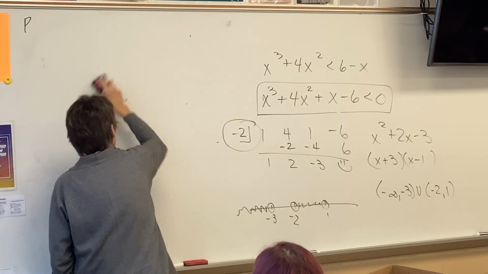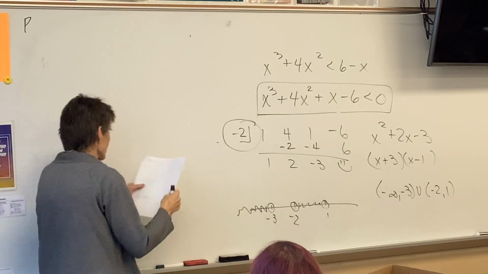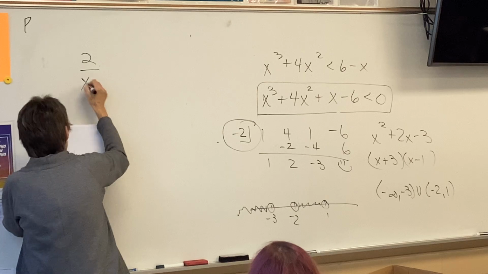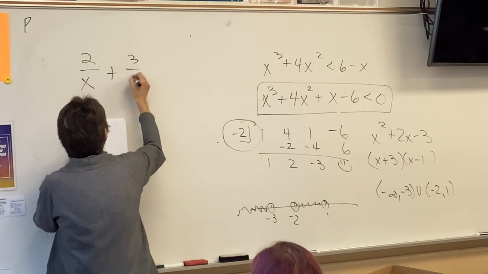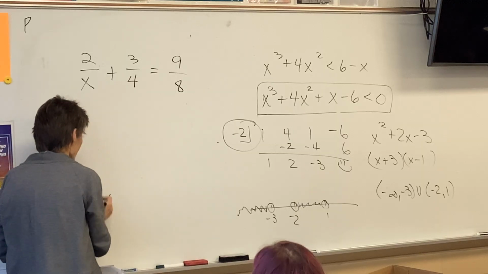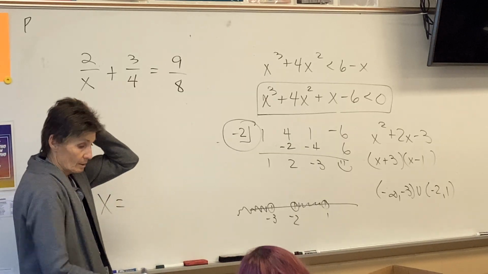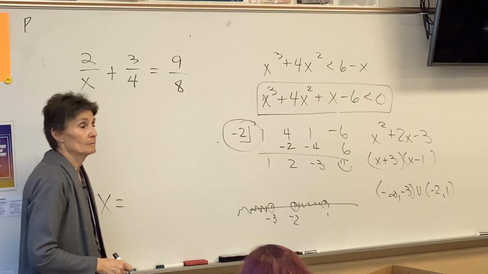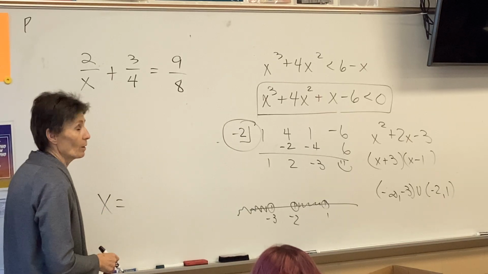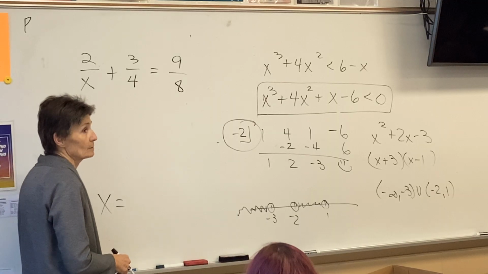All right, now we have an equation to solve, which means no number line, no shading, x equals is going to be my answer. So what do I need to do? Common denominator.